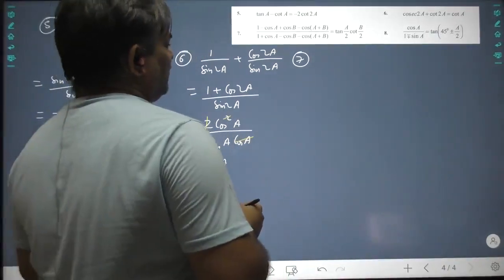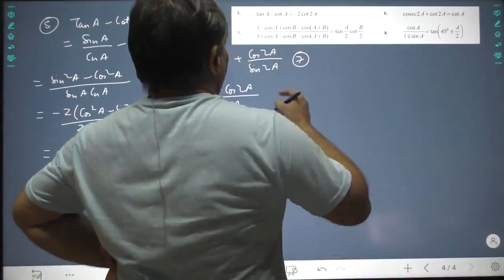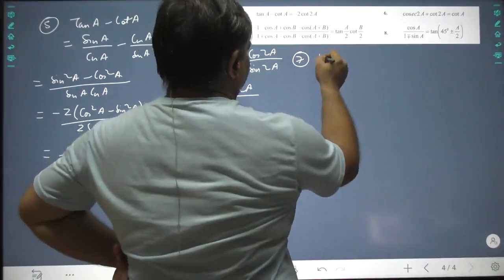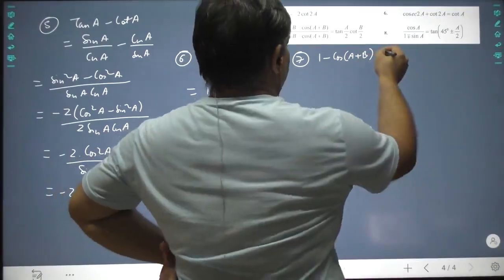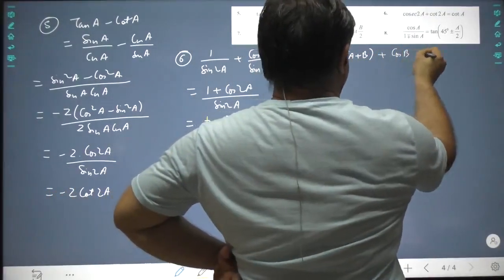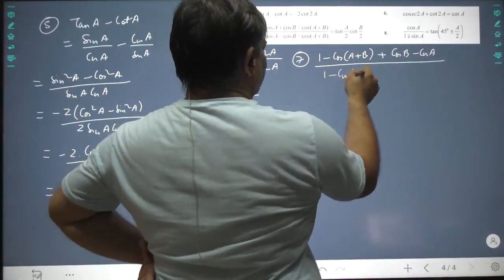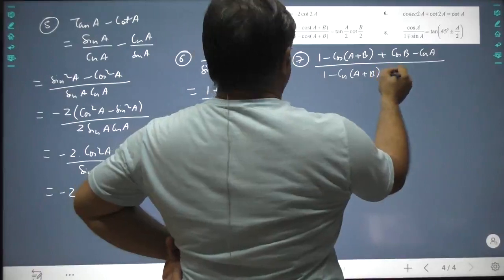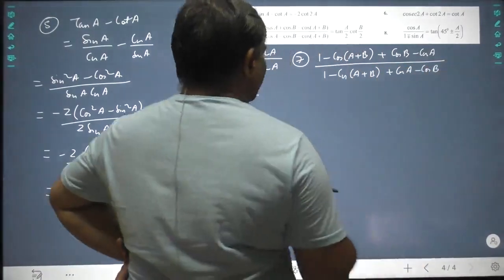Let us do the 7th question. Oh my God, it is not easy, but okay, we will make it easy. Let us combine the first and last term. In the numerator, 1 minus cos(A plus B) plus cos B minus cos A, and in the denominator, 1 minus cos(A plus B) plus cos A minus cos B. We have something like this.